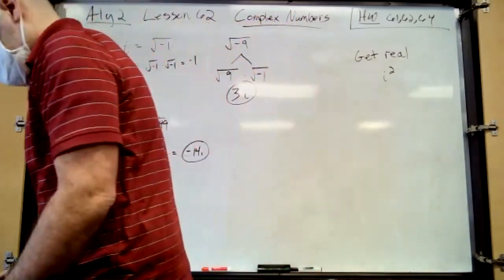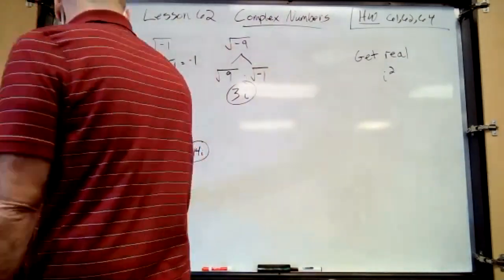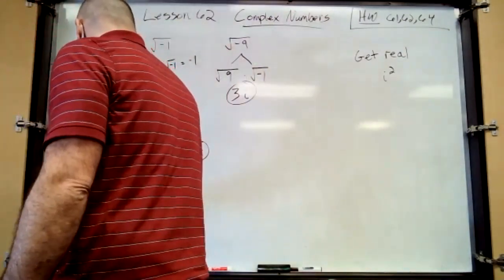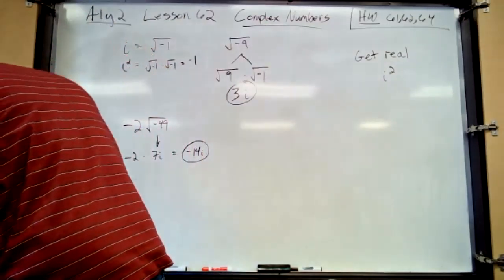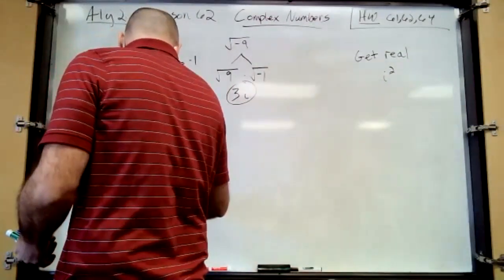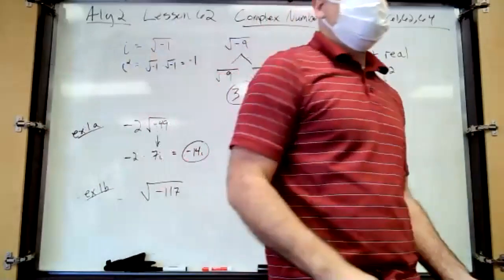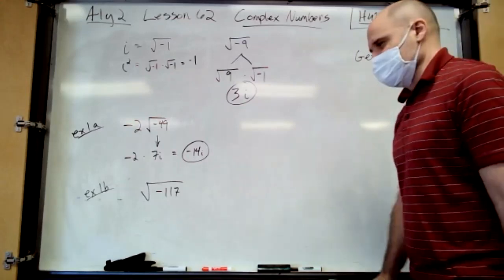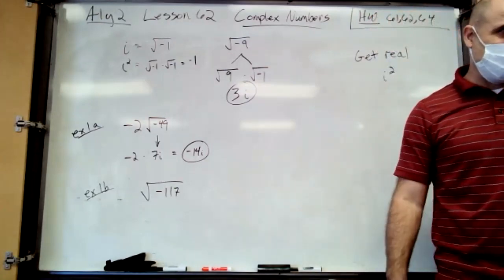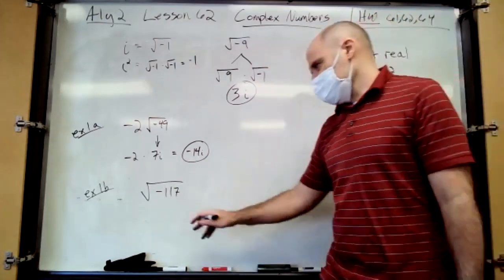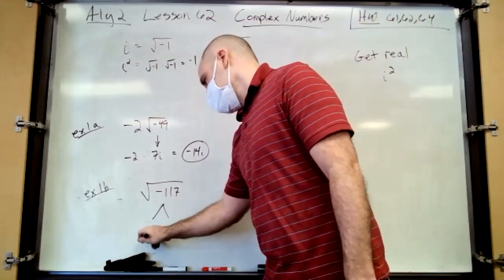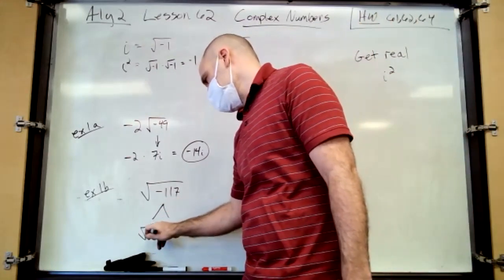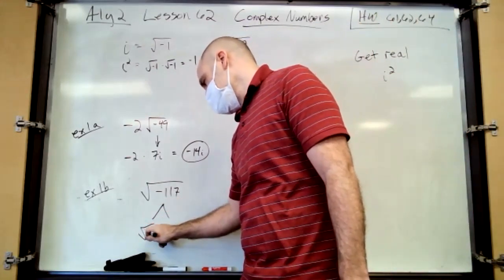Okay? All right, what about this? Let's do example 1b. This is even easier, even though it looks more complicated. How do you simplify that? Well, it may not be easier. There is a sneaky 9 inside of there. So we can take the square root of 9.